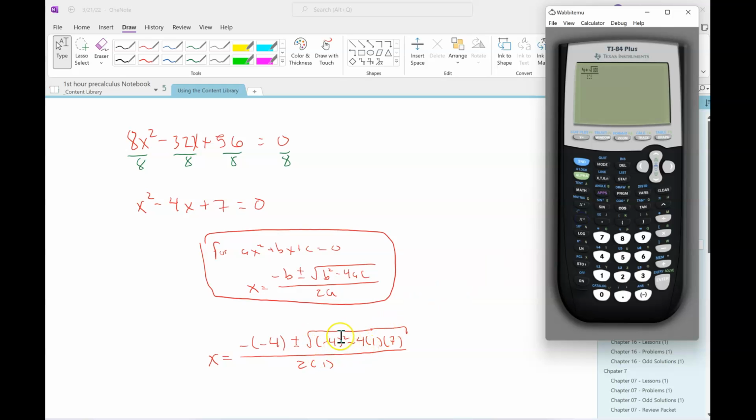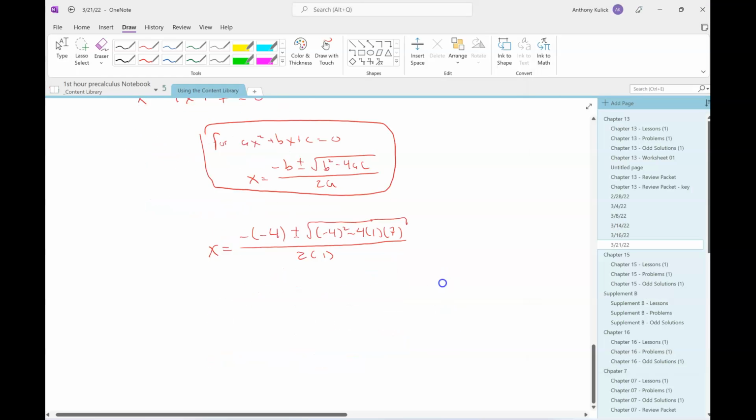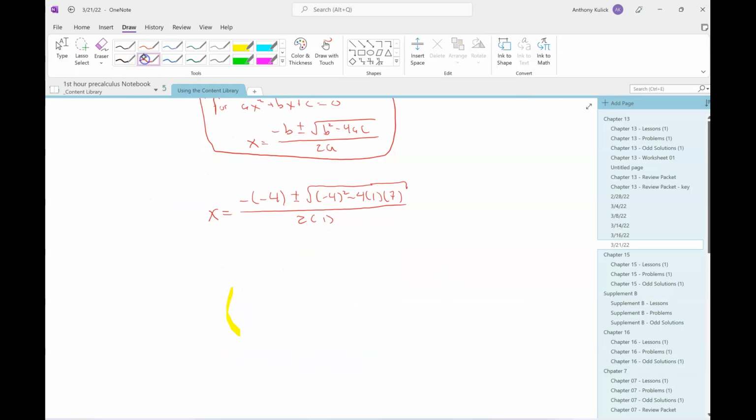And then I'm going to have -4 squared. Now, I want to point out, you guys, this mistake I see frequently made, particularly in this course. Is there a difference in your calculator between if you write these two?